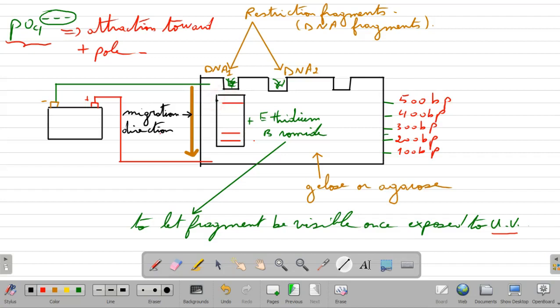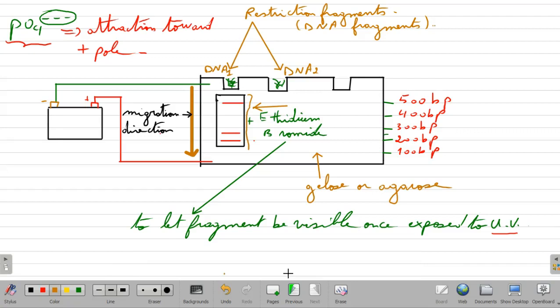All the fragments that are now arranged like this form what we name the restriction map of the individual. Restriction map.